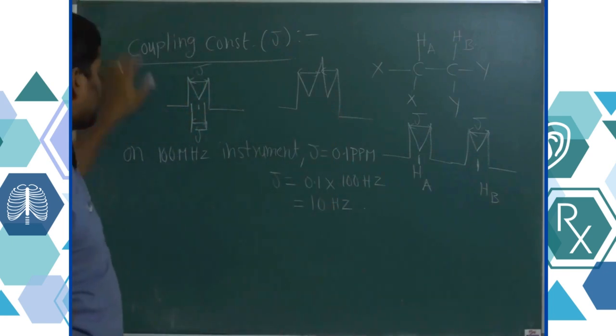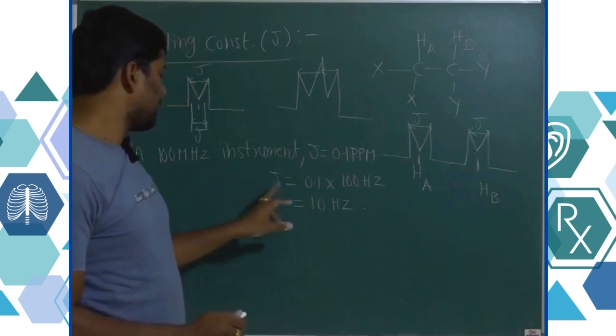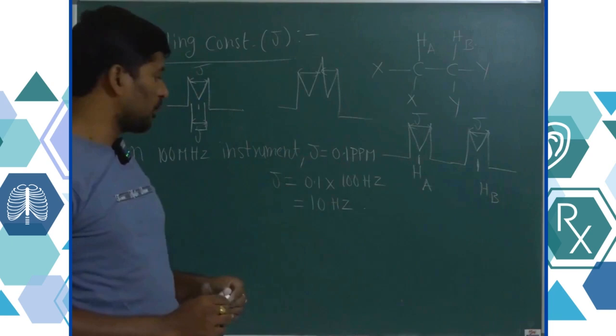On a 100 megahertz instrument, the J value is 0.1 ppm, then the coupling constant in Hertz will be 10 Hertz.